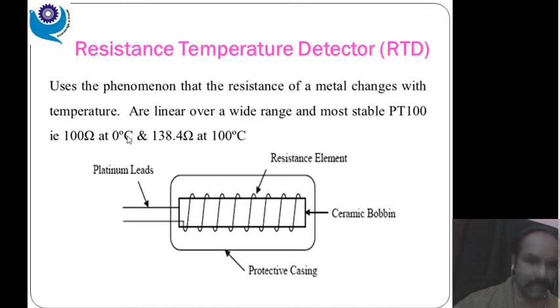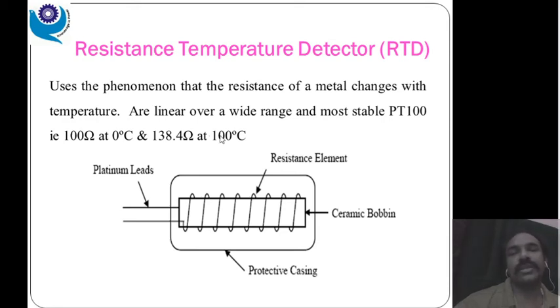And similarly 138.4 ohms at 100 degrees centigrade. I repeat, PT100 has a resistance of 100 ohm at 0 degrees centigrade and 138.4 ohm at 100 degrees centigrade, isn't it?